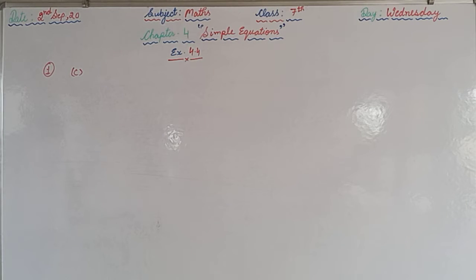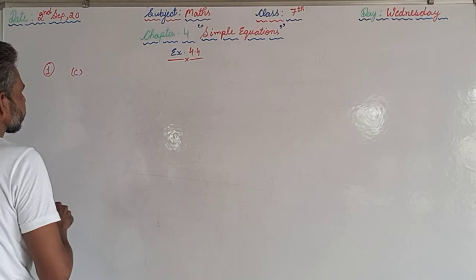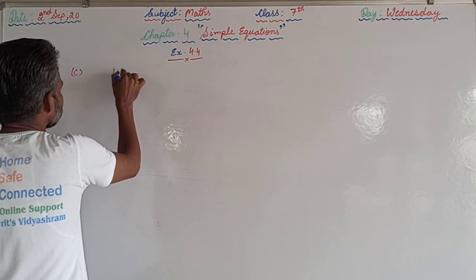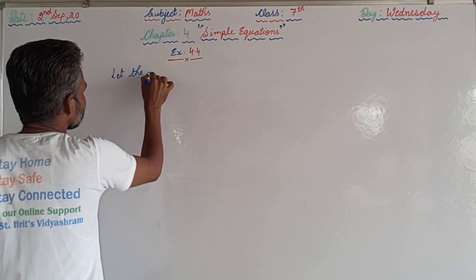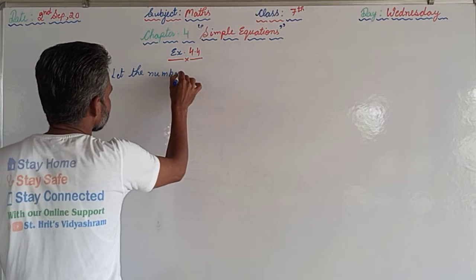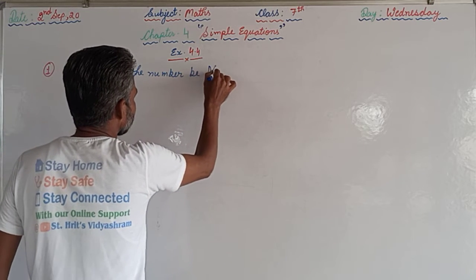If I take 3/4 of a number and add 3 to it, I get 21. So let the number be n.